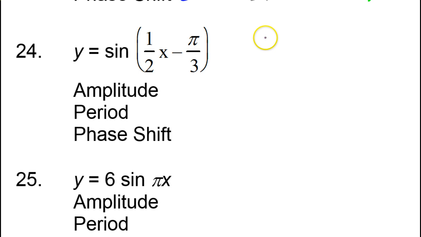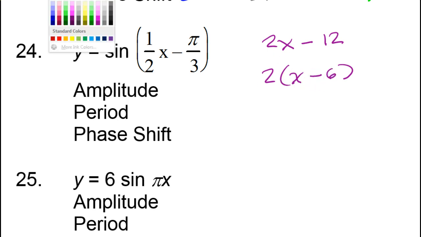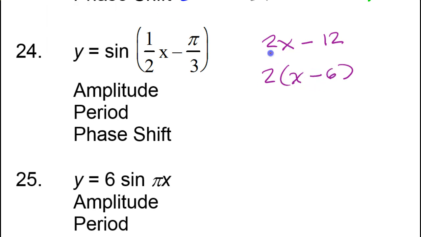So one more time, if I had 2x minus let's say 12, you know I could factor out the 2, and then I would have 2 times the quantity x minus 6. And if it was not so obvious, you could say, oh, well, I took out the 2, and to find out what went on the inside, I divided by 2. That's how I got x minus 6. See, 12 divided by 2 is 6.